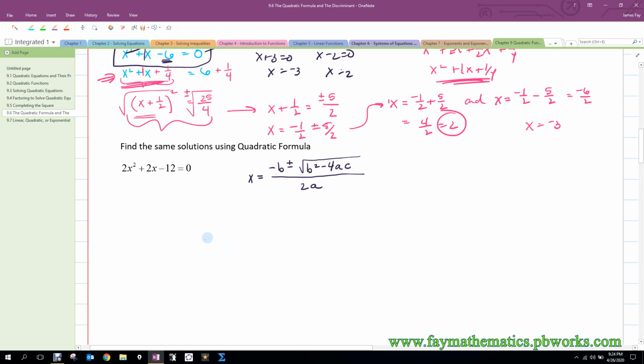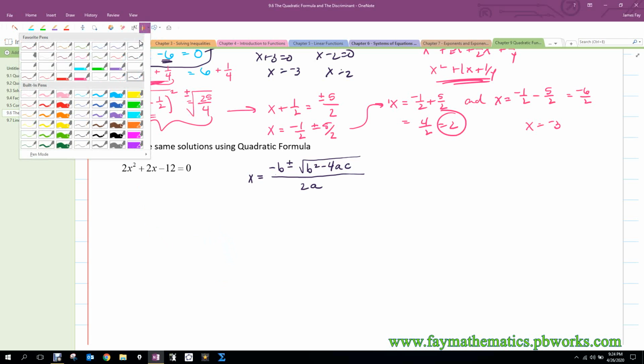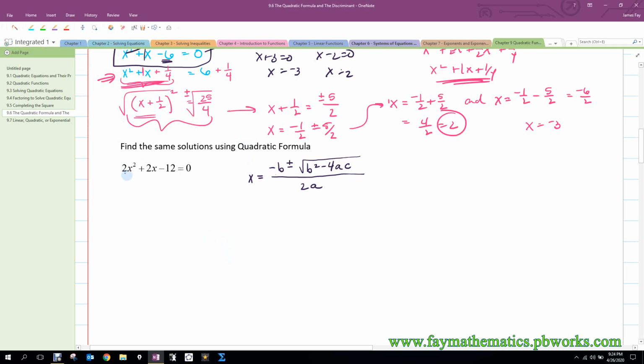Now, what we need to do is identify what a, b, and c are. So a is that number right there, so a is 2. b is that number, so b is 2. c is that number, so it's negative 12. I like to do that to make sure I got the signs correct.